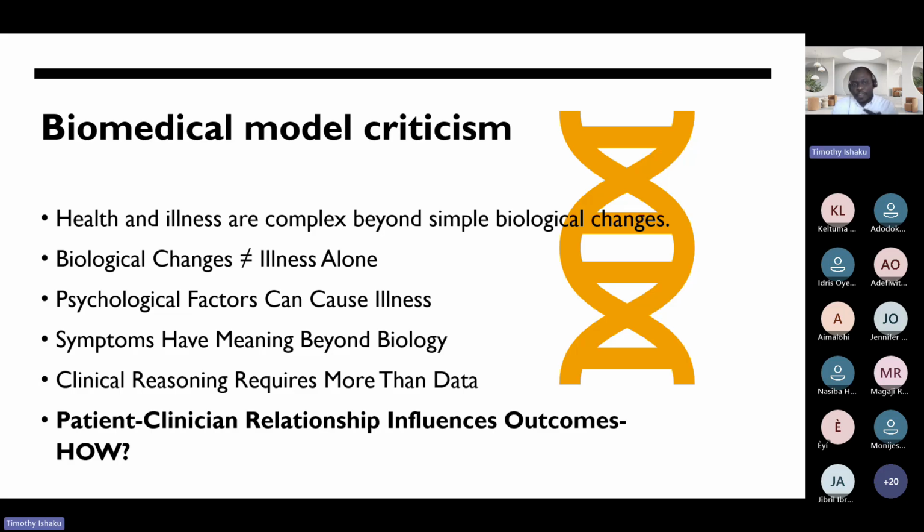But the conversation is that health problems arise from multiple causal factors. Yes, the biological or physiological changes are there, but there are other multiple factors that influence the health of an individual. Apart from the molecular and individual level, there is the social context.